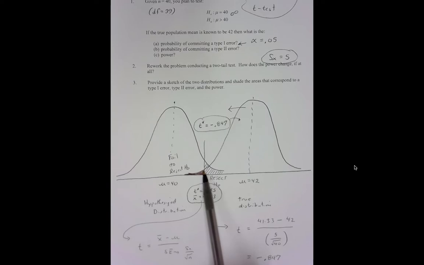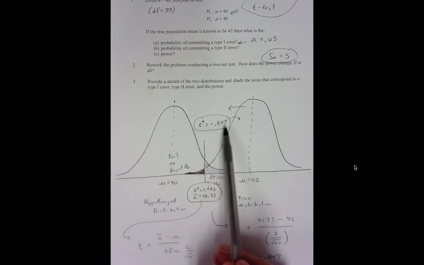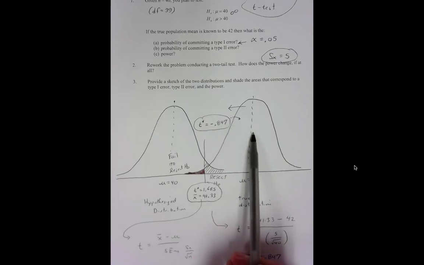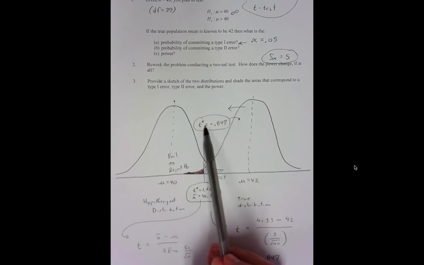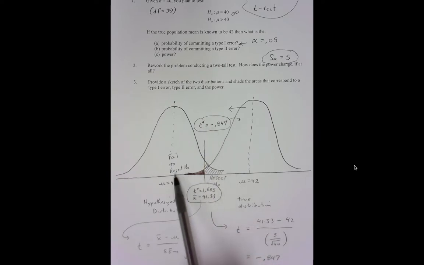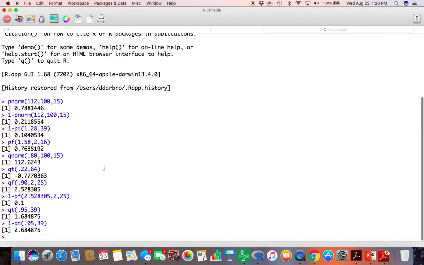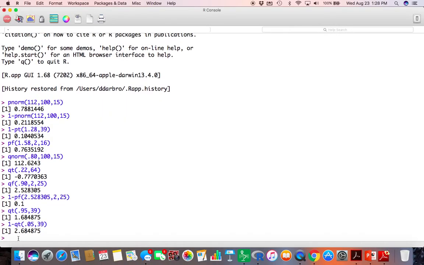So how are we going to find this? Well, we've got to have this t-score because this is the distribution we're truly drawing from. So we have to use that in our calculation, and we need to find the area to the left of that. Well, guys, that results in area to the left, PT, negative 0.847, degrees of freedom 39.